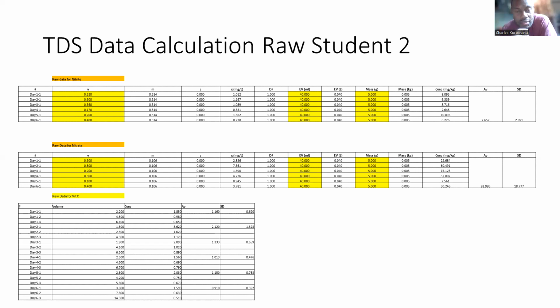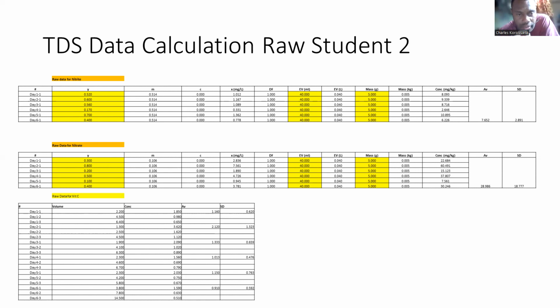This table will give us the information on how to plot the graph. It will also give us the equation of the graph that we want to draw.